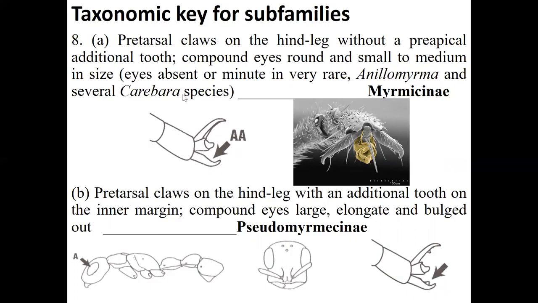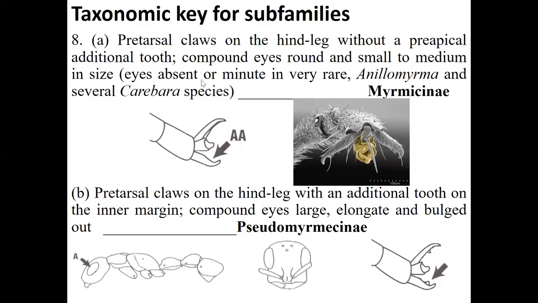Okay. Compound eyes round and small to medium in size. Well, I have to mention here, when we prepare keys, we use the features found in the majority of them, but rarely, occasionally, in some specimens, you find eyes absent or minute in very rare Anillomyrma and Carebara species.